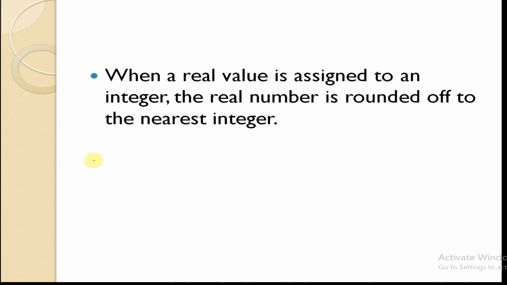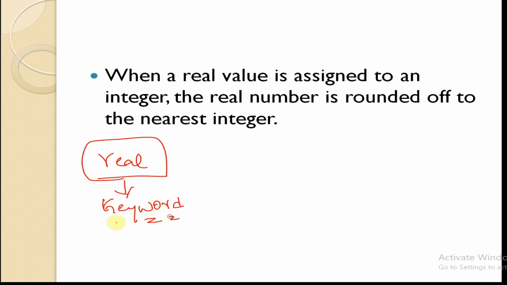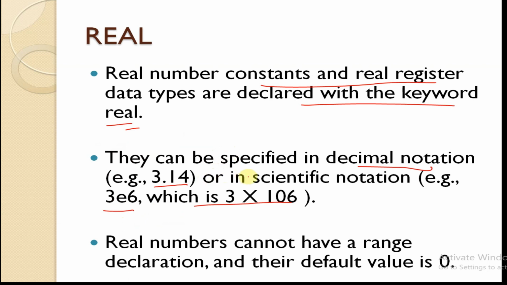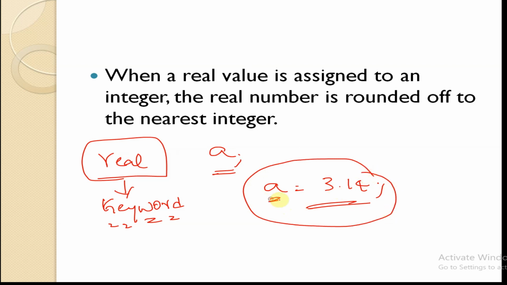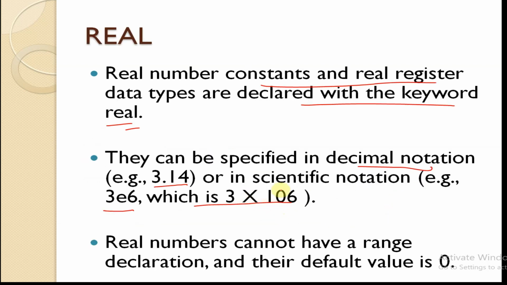If we want to declare any real number, we use the keyword real followed by the identifier name. Here, a is of type real. If we want to store a decimal number inside it, it is possible. For example, a is equal to 3.14, then this decimal number will be stored inside our variable a.